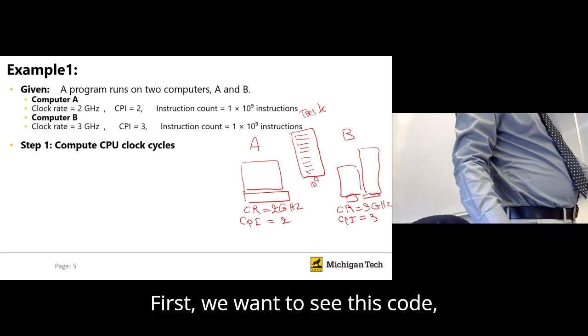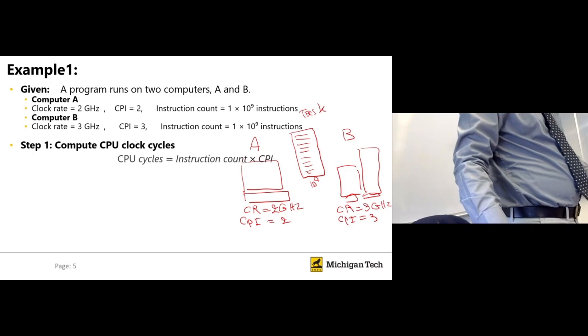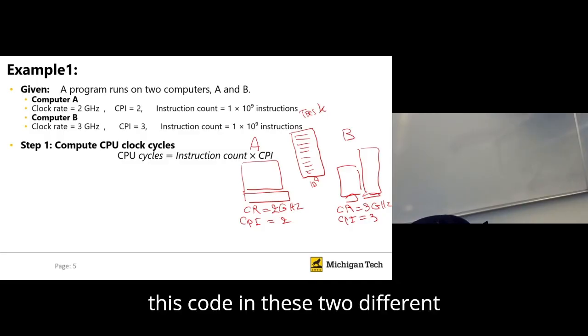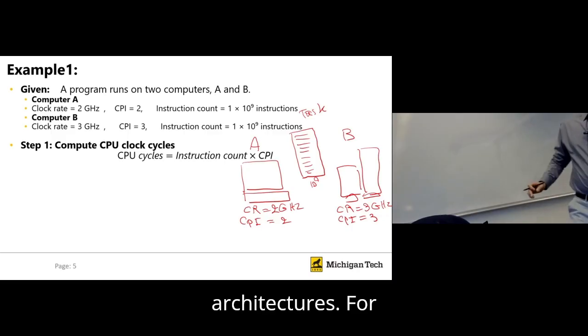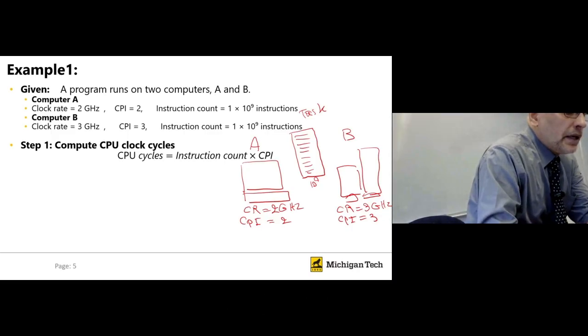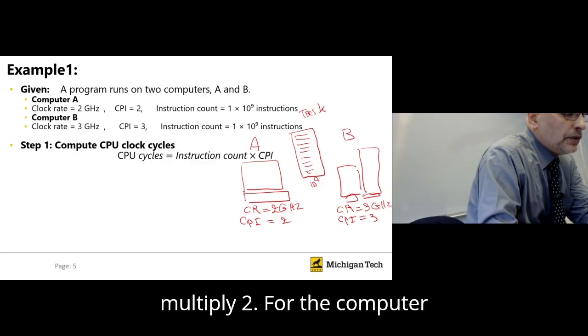First, we want to see how many CPU cycles we need for this code in these 2 different architectures. For the first one, it is 1 billion instructions, 10 power 9, multiplied by 2.